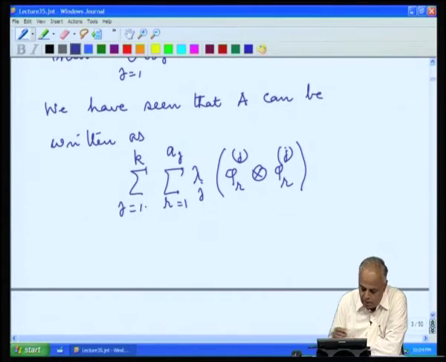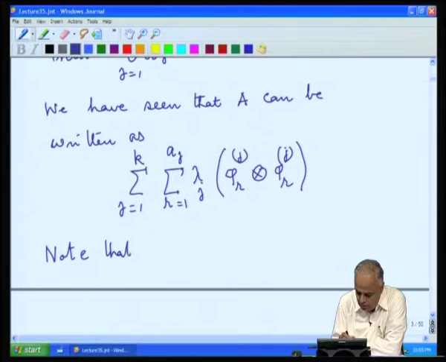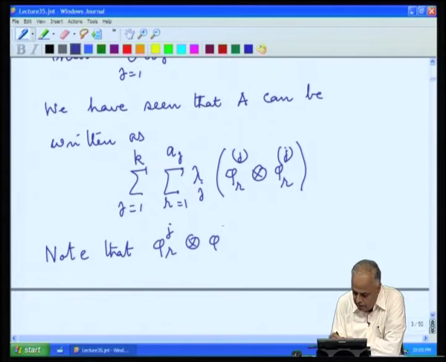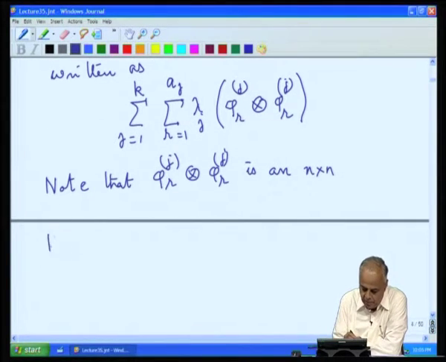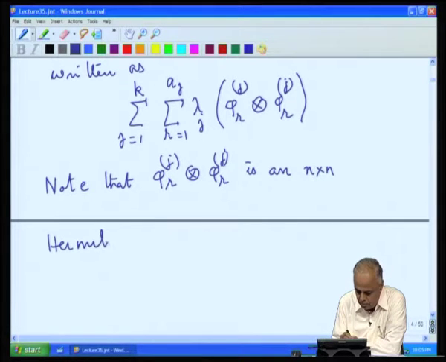So, note that phi j r tensor phi j r is an n by n Hermitian matrix of rank 1.